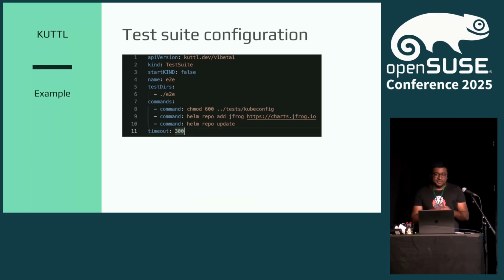Test suite. Test suite is a collection of test steps. You can see an API version kuttl.dev/v1beta1, and a kind as TestSuite here. So you can see startKIND as false. In my demo, I would set it as true, which would mean I'm using a local Kubernetes cluster called kind or a minikube, whatever you can reference as.